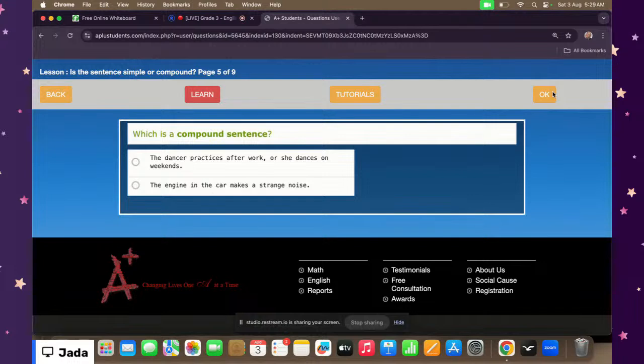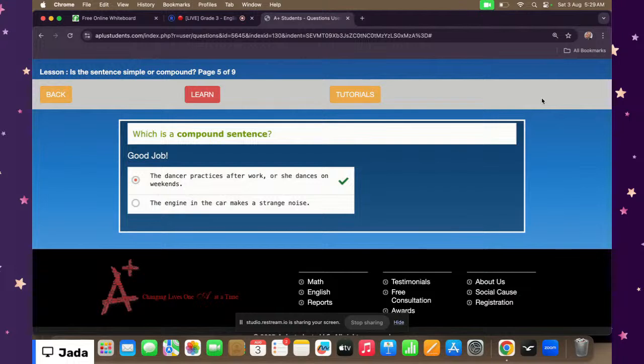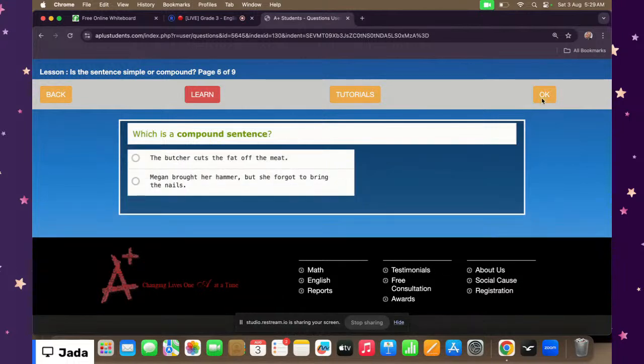Oh, it's okay, no problem. So, what's the answer in this one? One. Okay. The butcher cuts the fat of the meat.